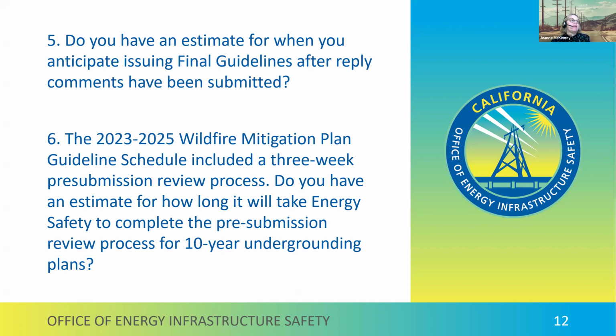And then once they've contacted Energy Safety, a meeting will be set up and then the completeness check will take place. I think it's a simpler completeness check than for the WMP. But anyway, it's really just to check that all the parts are there. Assuming it is, then we would open a docket.